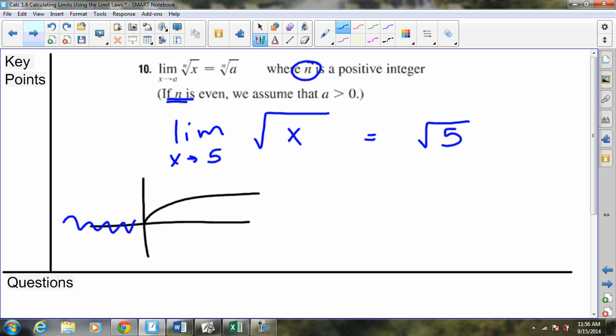Of course, that's not a problem if you had a cubed root, because a cubed root actually works when you take a cubed root of -3, you can come down and get a y value that actually does exist. So the rule works when the function is defined.